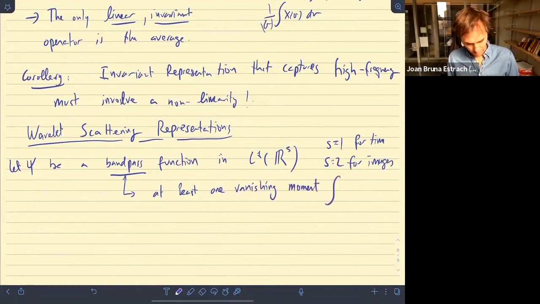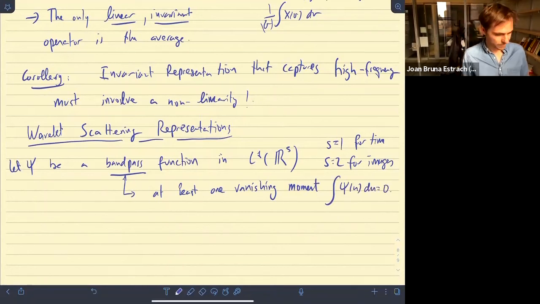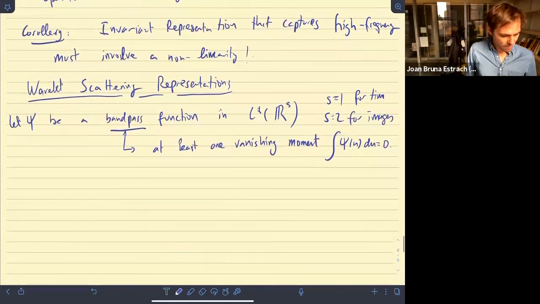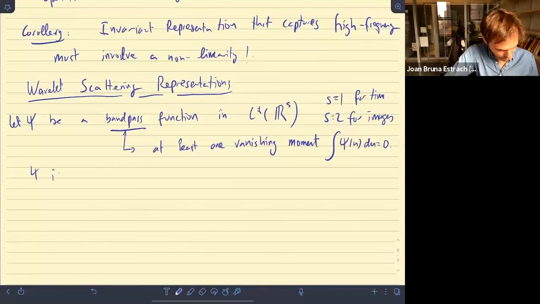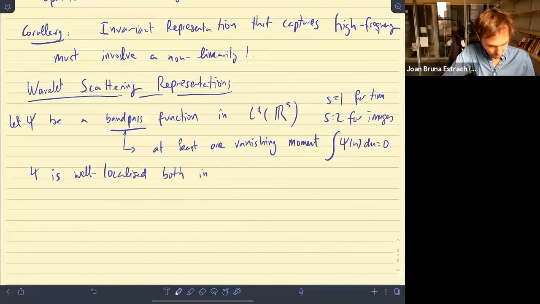So in other words, the integral of phi of u du is 0. And let me also ask phi to be well localized both in space and in frequency.